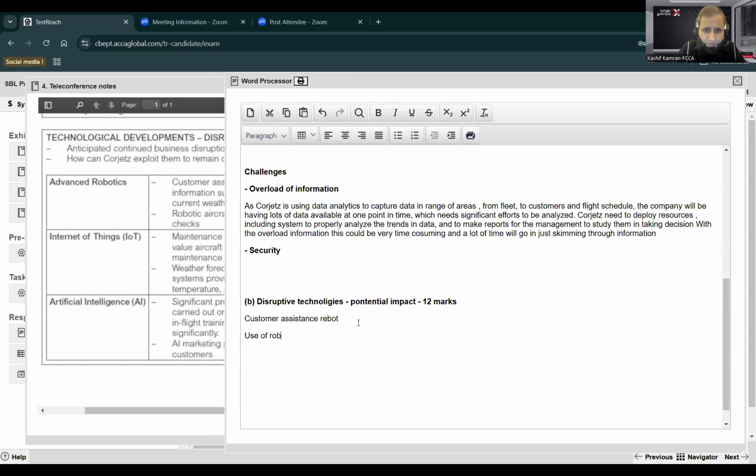Use of robots for customer assistance at the airports can help passengers of CodeJets to know basic flight information like any delay, any cancellation, the gate number, the flight time, or even the weather conditions.